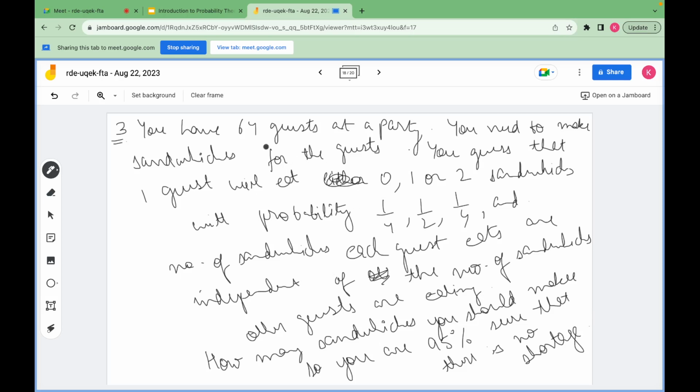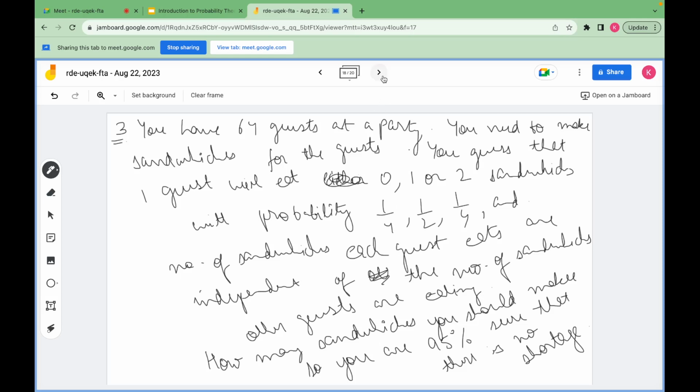We have a party with 64 guests. Each guest will eat 0 sandwiches with probability 1 by 4, 1 sandwich with probability 1 by 2, and 2 sandwiches with probability 1 by 4. The number of sandwiches a guest eats is independent of the number other guests are eating. We need to know how many sandwiches to make to ensure there will be no shortage with a probability of 95%.